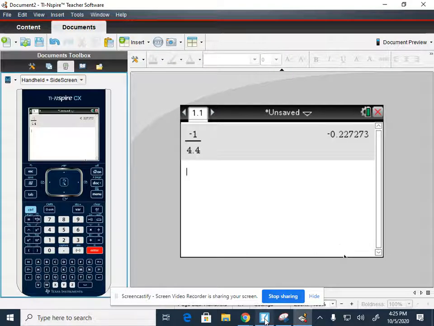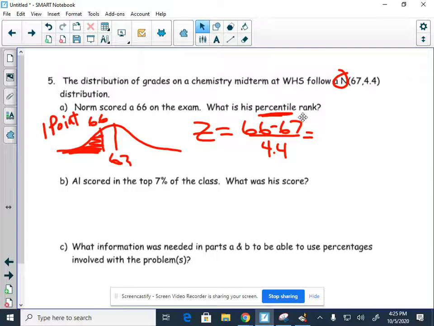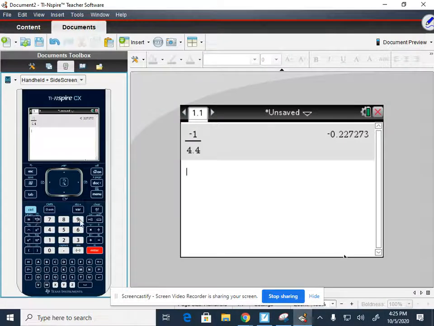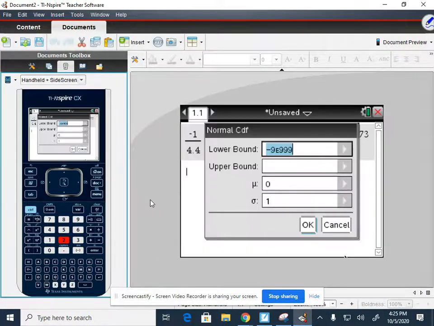Negative 0.23, actually. Okay? You need an answer in context. So the answer in context, you are finding an area, so you've got to use a normal CDF. So we're going to go menu 652.